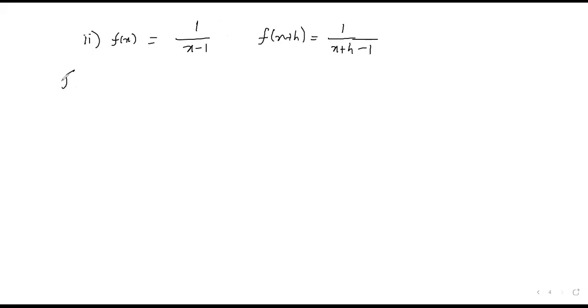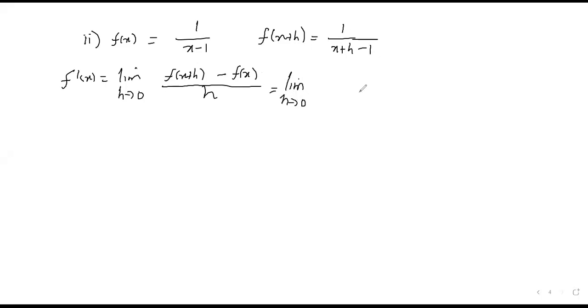So we can go to the derivative, which is lim again, as h goes to 0, of f of x plus h minus f of x over h. That is lim as h goes to 0, 1 over x plus h minus 1 minus 1 over x minus 1, and then we divide by h.